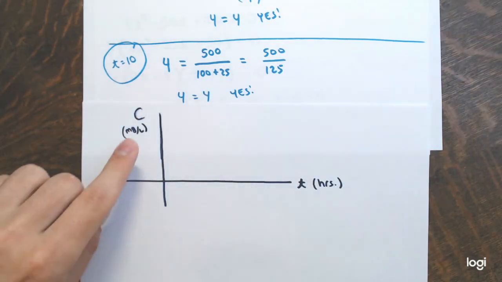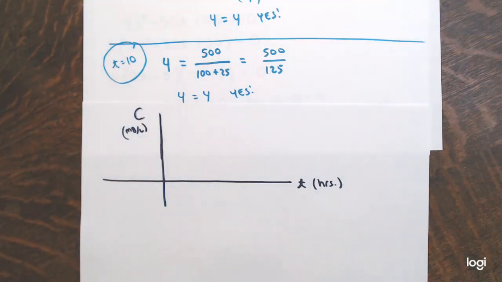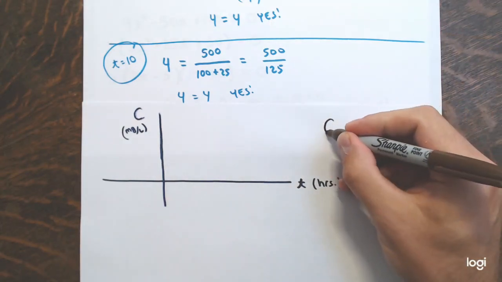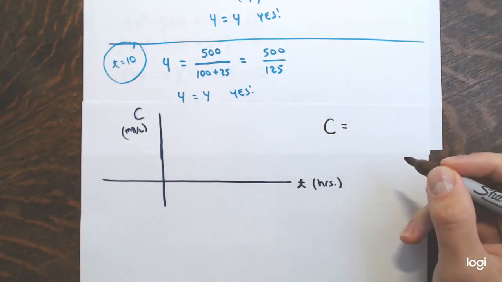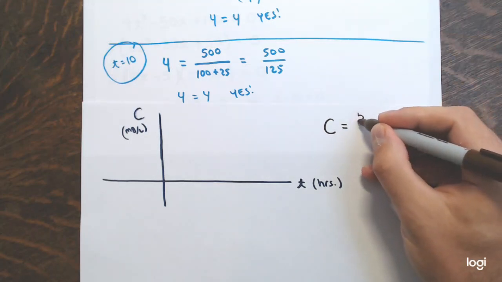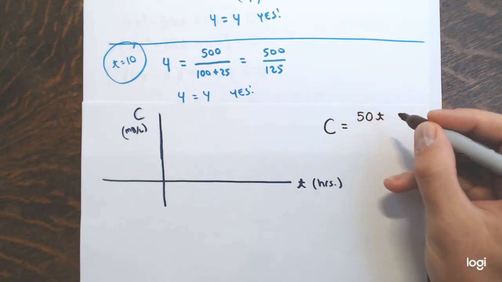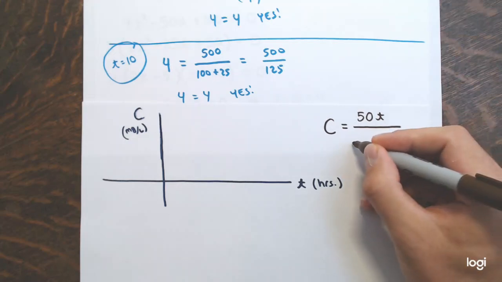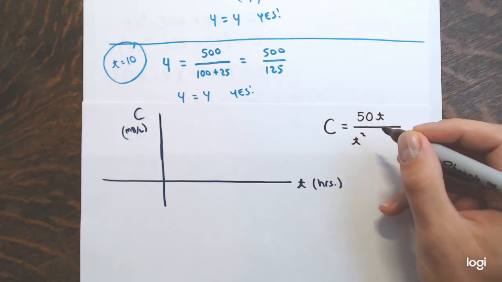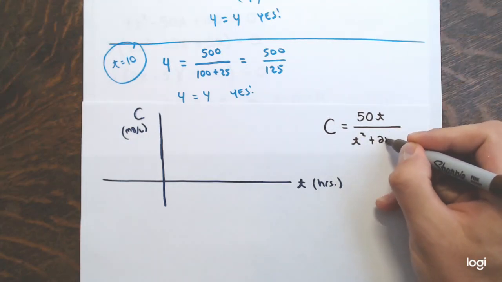So mg per L. Now the function was this. The equation they gave us was this. The concentration is 50 times the time divided by the time squared plus 25.